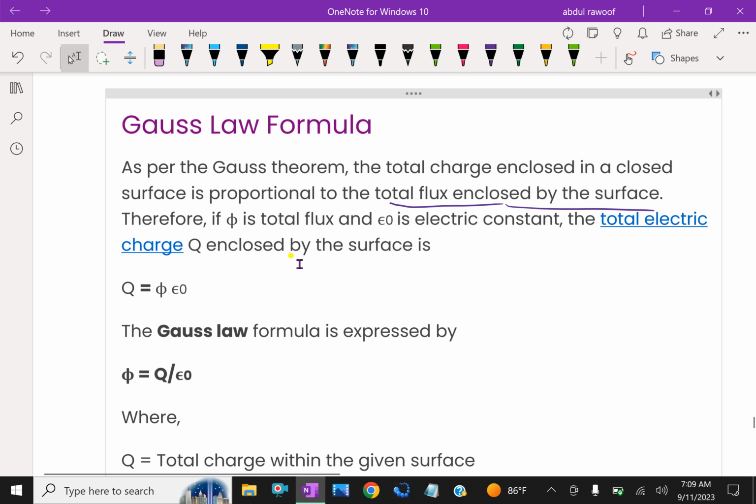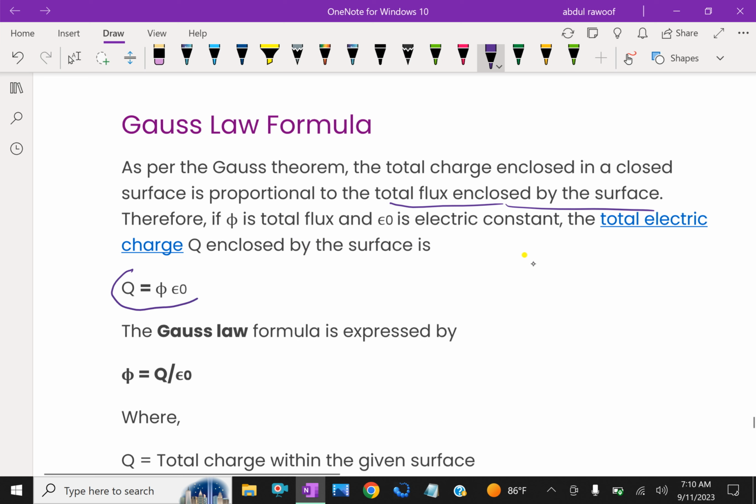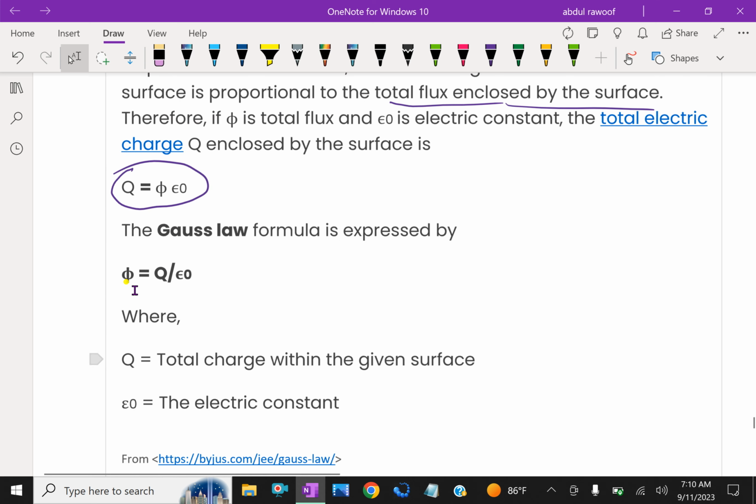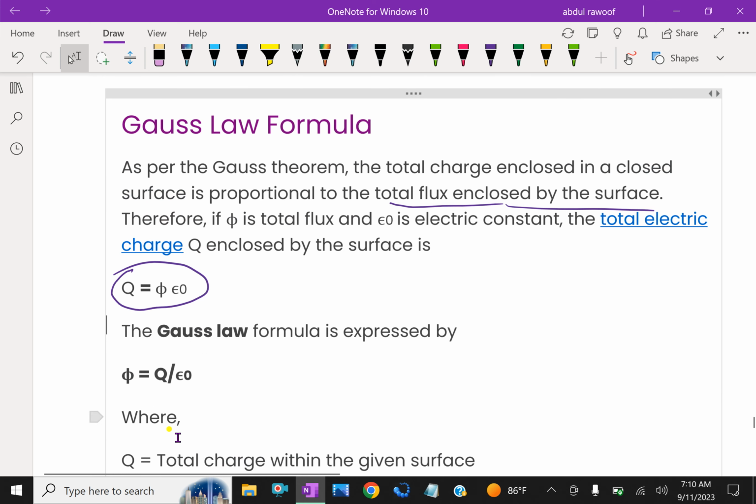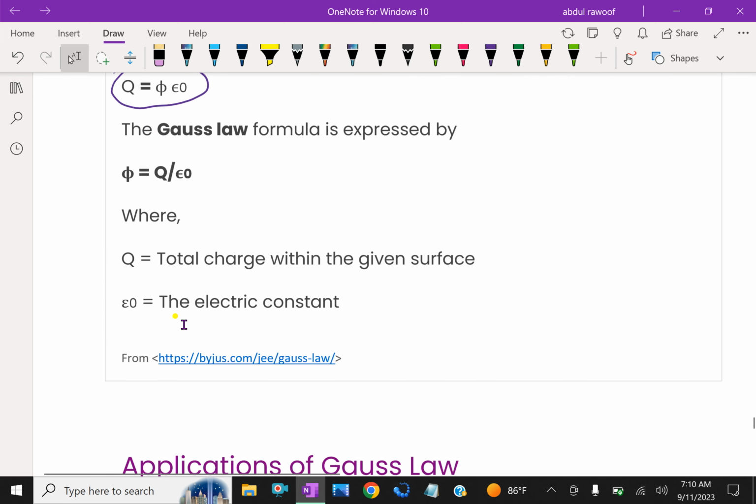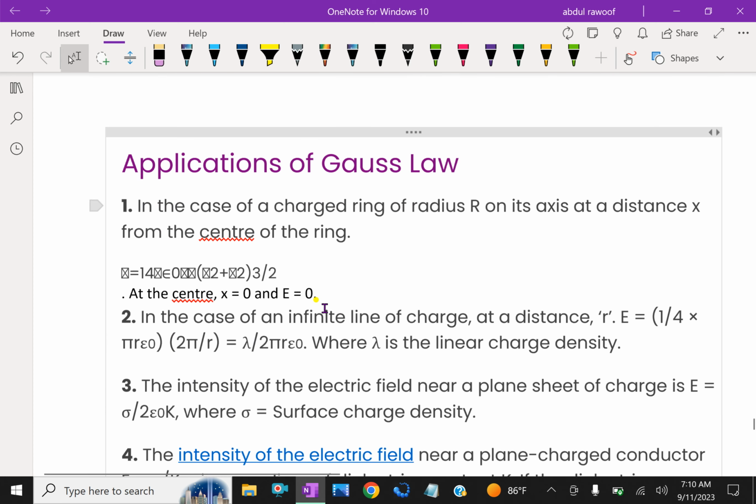The total electric charge Q enclosed by the surface is Q equals phi times epsilon 0. That means phi equals Q over epsilon 0. The Gauss law formula is phi equals Q over epsilon 0, where Q is the total charge within the given surface and epsilon 0 is the electric constant.